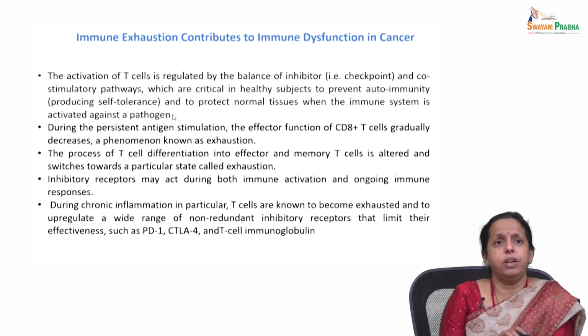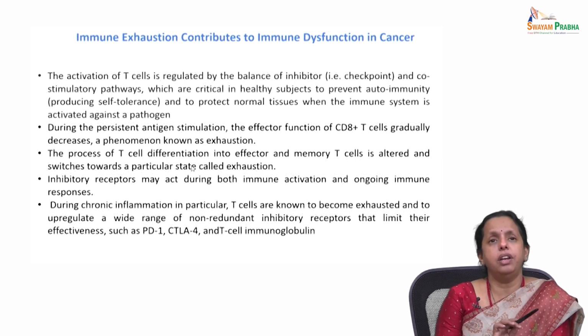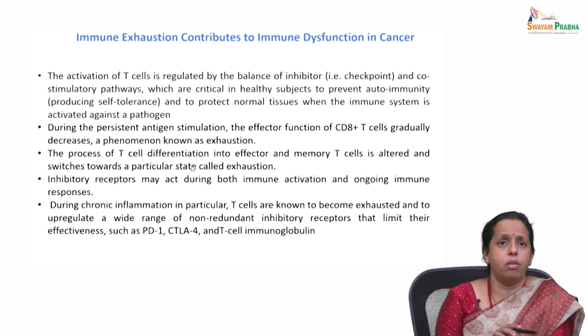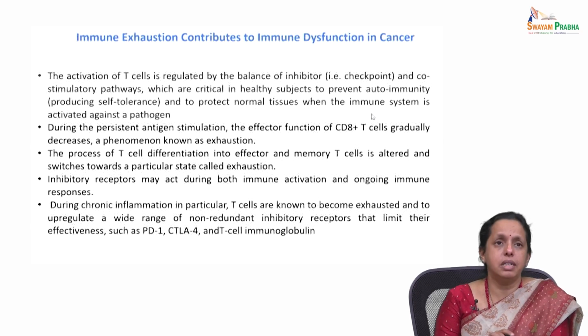The activation of your T cells is regulated by the balance of inhibitory checkpoint and stimulatory pathways, which we have already established. This is very critical in normal healthy cells to prevent autoimmunity, that is self tolerance, and to protect normal tissues when the immune system is activated against a pathogen.